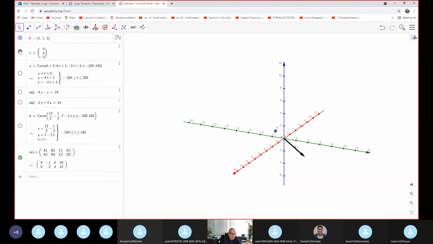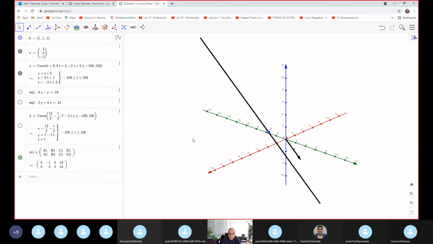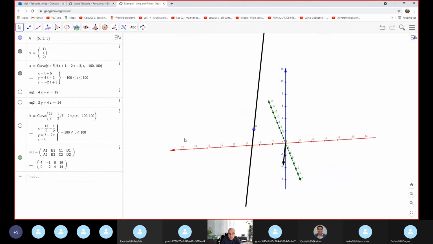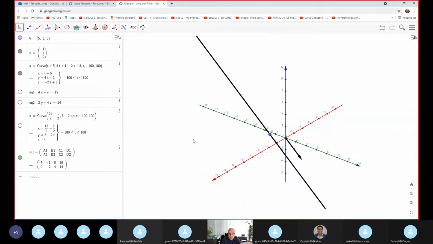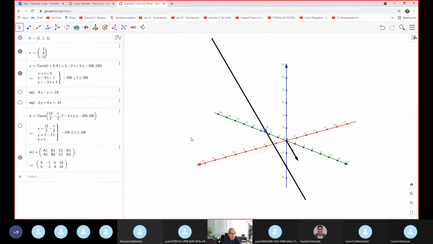Well, using the vectorial equation, parametric equation, I type in this curve, and you see x equals something, y equals something, z equals something, the parameter is t from negative 100 to positive 100, bam, and this is my line. Look at the line. The line passes through the point A, and is also parallel to the given direction vector. Okay, not bad.